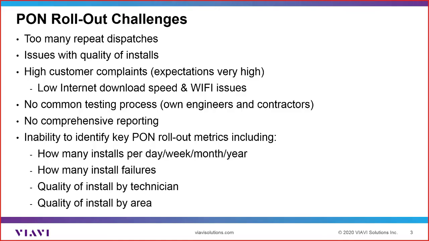So typically, some of the things might be too many repeat dispatches, issues with qualities of installs, high customer complaints. They have expectations for their service, and if they're not getting the speeds they think they're getting, or they're having issues within the home, that's going to drive repeat visits and cost certainly money to re-roll those visits.